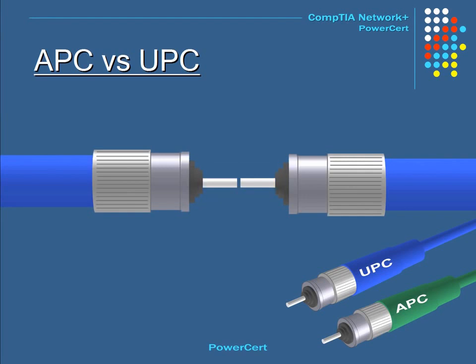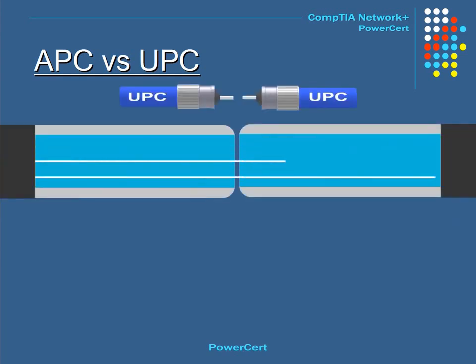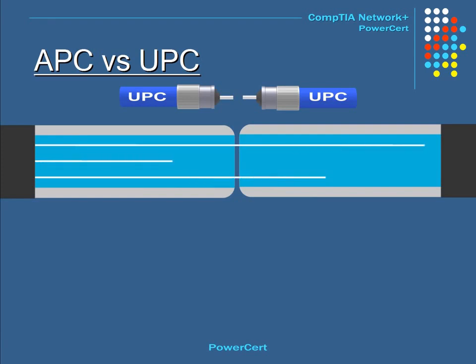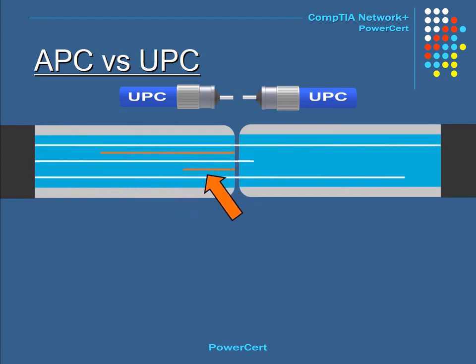So at the point where the connectors join, light is transmitted from one connector to the other connector, but at that point where light passes to the other connector, light will reflect back in the opposite direction towards the light source. And as this happens, there is signal loss.